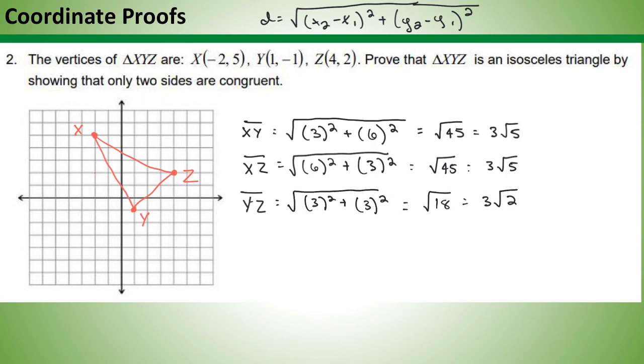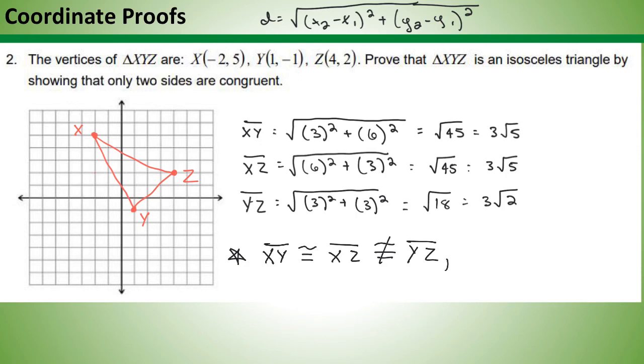Now what we were trying to show is that exactly two sides are congruent, and we have that here. These two sides are exactly the same. So in our summary, we can say that XY is congruent to XZ, but they are not congruent to YZ.